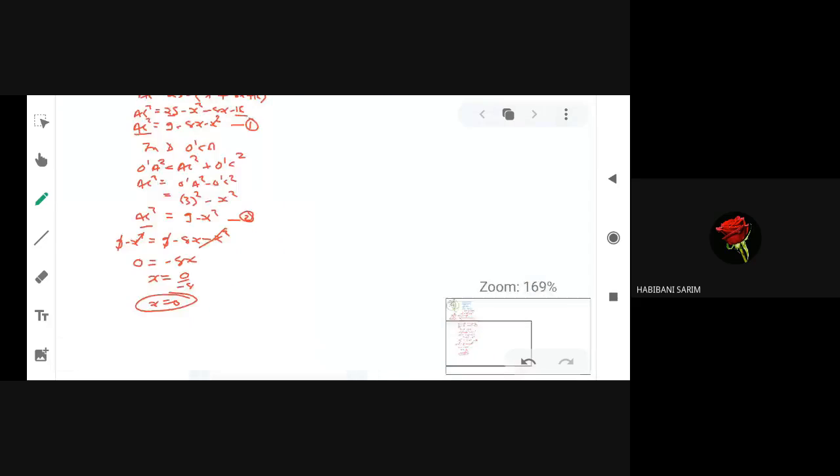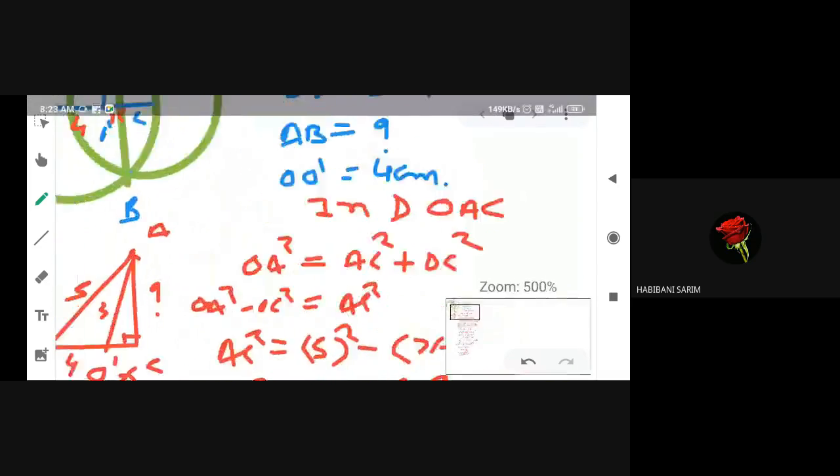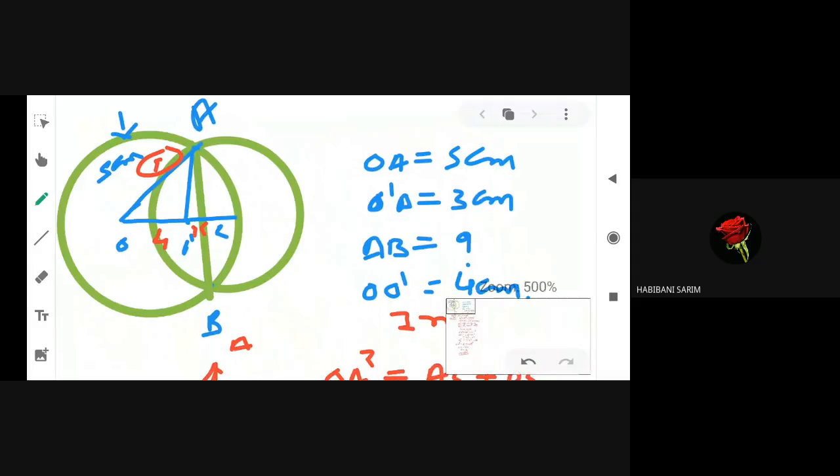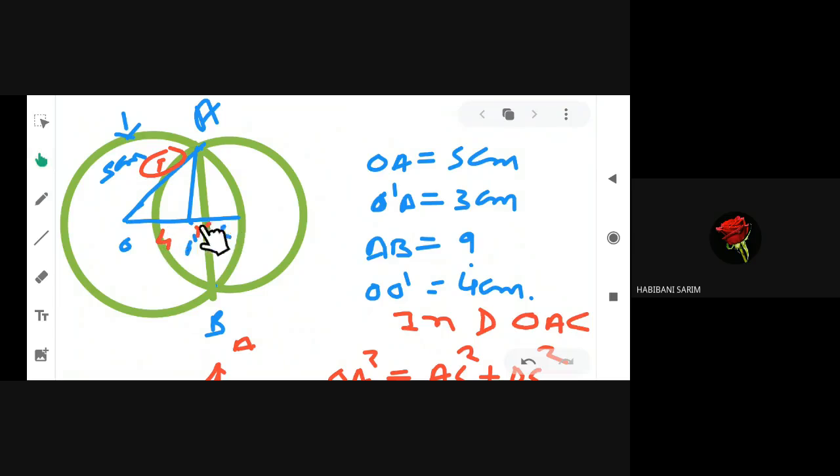It means here we suppose the distance between O prime C is 0. Means this line O prime A and AC line, these two lines are similar, only one intersecting line.